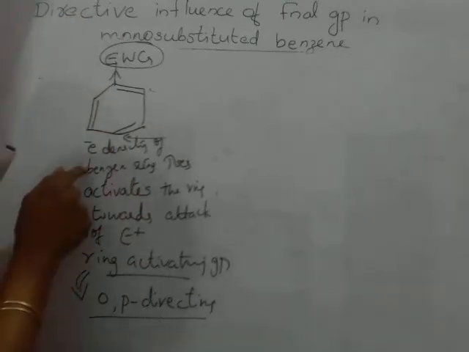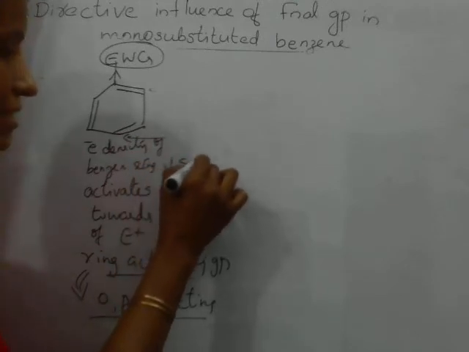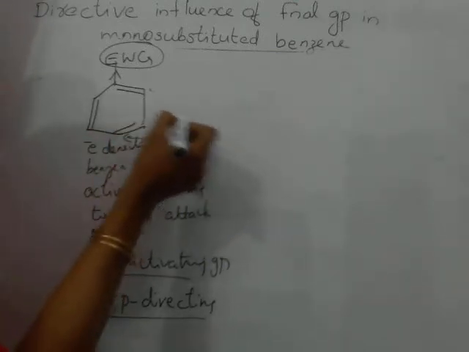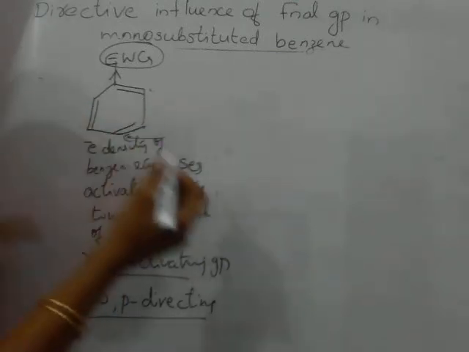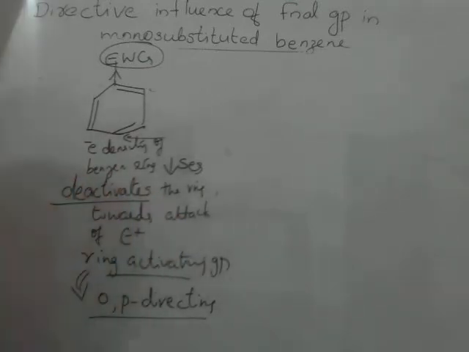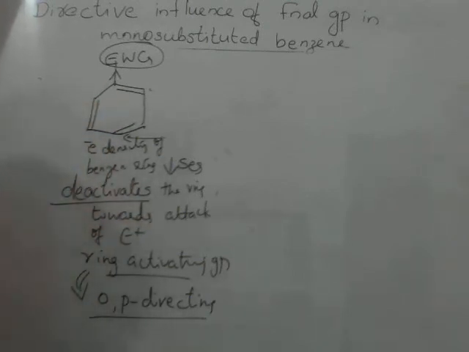So what happens? The electron density of the benzene ring decreases. The electron richness of the benzene ring decreases. That means the electrophilic attack will become more difficult. Such groups deactivate the ring towards the attack of electrophile, because the ring is less electron rich now. So an electrophile cannot come and readily attack.